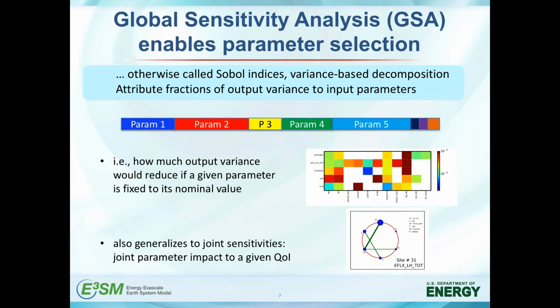Again, it's for attribution of output variance to the input parameters. It can give us an idea, for example, of how much output variance would go down if we just took a parameter and fixed it at its nominal value. And we can also use it to explore joint sensitivity.